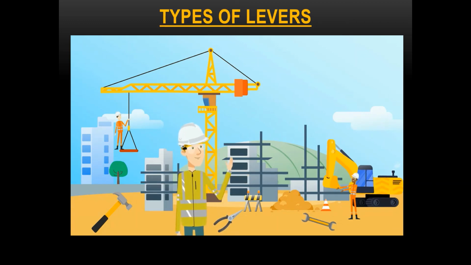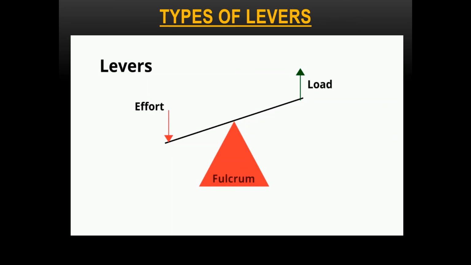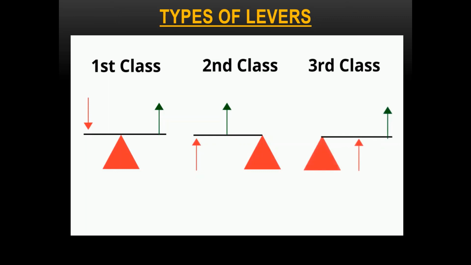The way levers work is that a force is applied at a point, and this moves the load at another point through a balance point called the fulcrum. It's the position of these 3 points, the force, the load, and the fulcrum, that distinguishes the type or class of lever. There are 3 classes of levers: first, second, and third class.